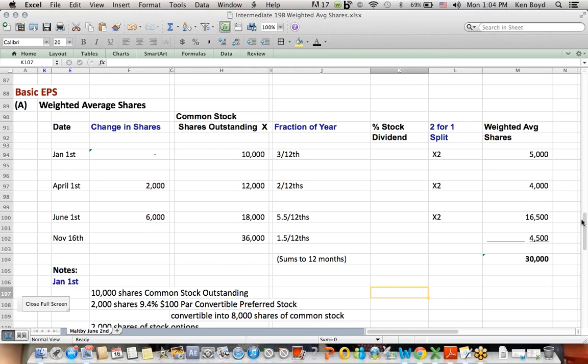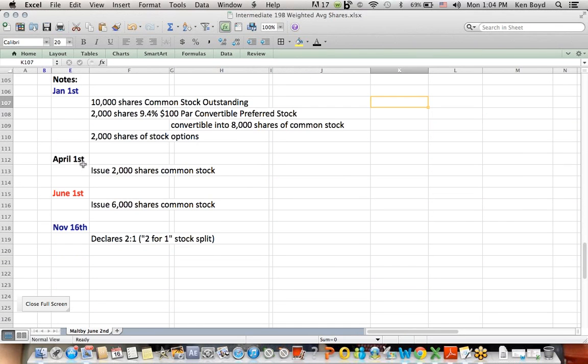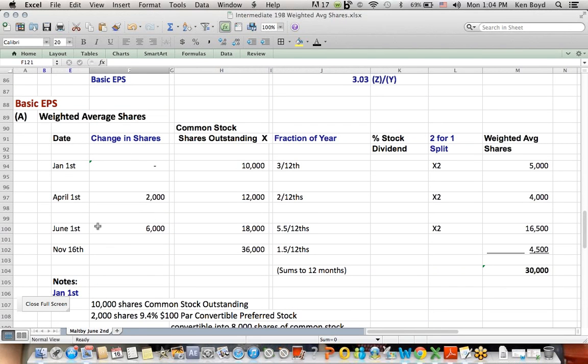Another thing that happens is that on November 15th or 16th, we have a 2-for-1 stock split. Note that I list that stock split in two ways, either 2:1 or 2-for-1. Either term refers to a stock split. What that means is that we have 18,000 shares outstanding before November 16th, and on November 16th we multiply the 18,000 shares by 2. For every one share you did own, you now have 2.